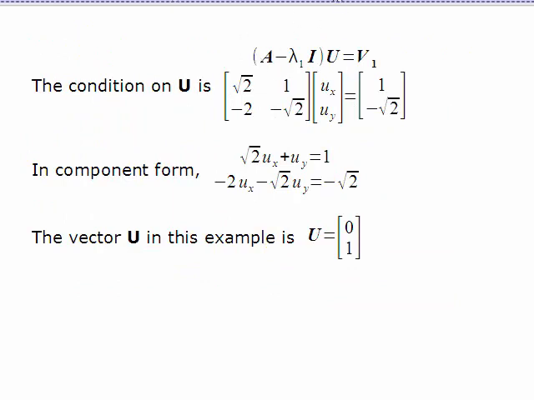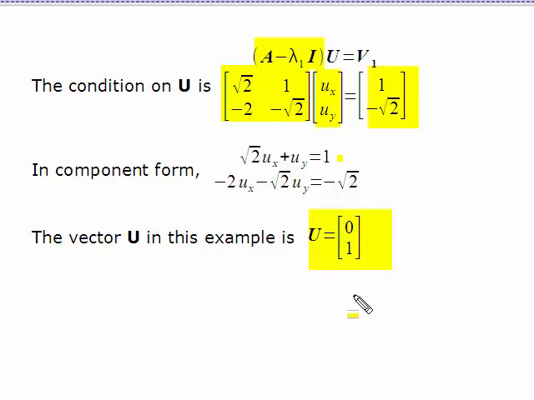So I'm going to substitute that into here. Again, we have A minus lambda 1 I, which is the same as before, the components of u, and here's the v1. Now we can write this out in component form. Square root of 2 times u_x plus u_y has to equal 1, and u_y has to equal 1.